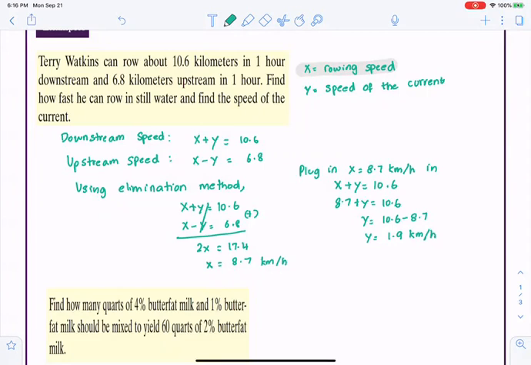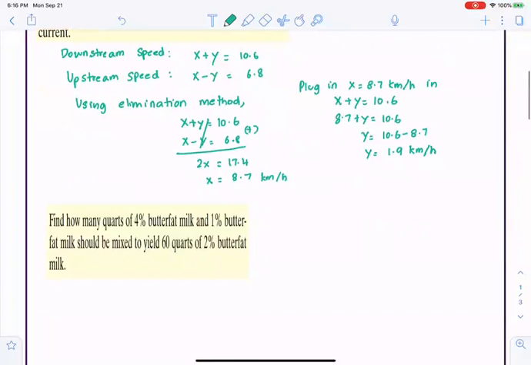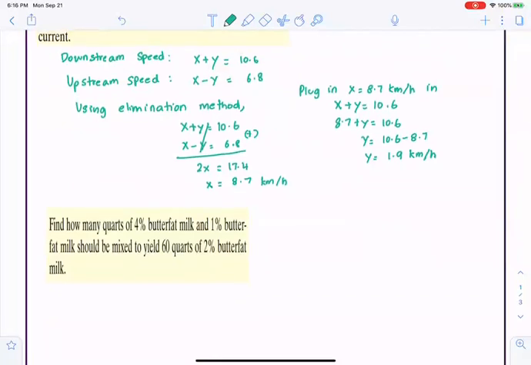So the rowing speed is 8.7 kilometers per hour, and the speed of the current is 1.9 kilometers per hour.